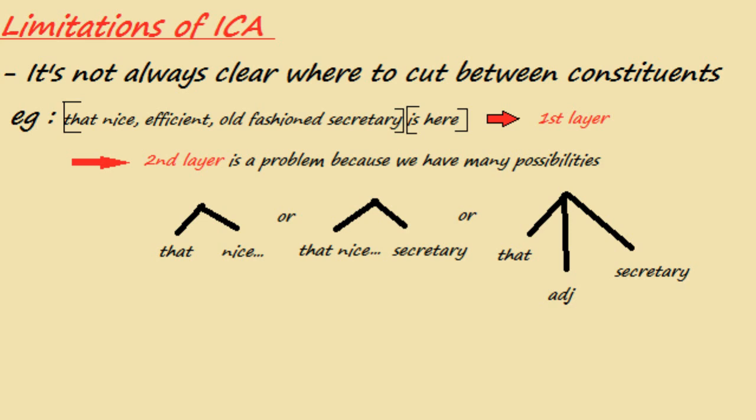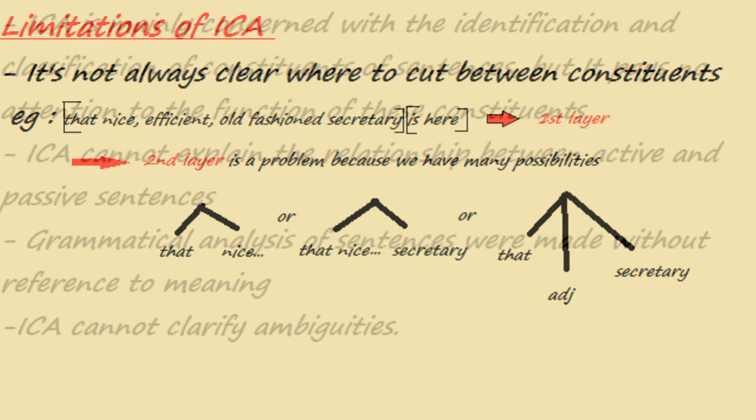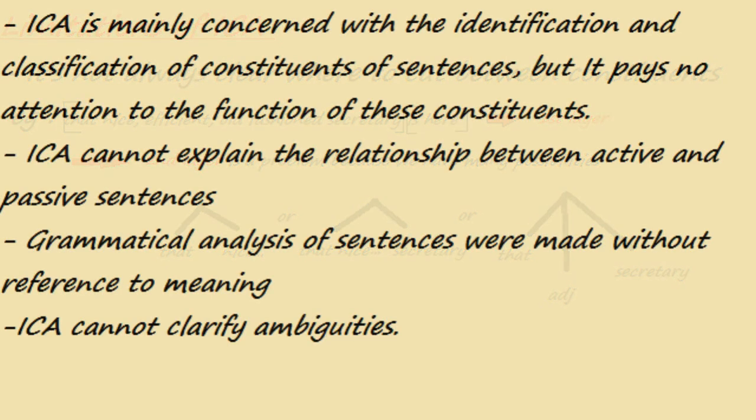Then we move to the second problem. It is mainly concerned with the identification and classification of constituents of sentences, but pays no attention to the function of these constituents. So sure, it might divide the sentence into constituents or classify it into constituents, but it doesn't pay attention to their function.